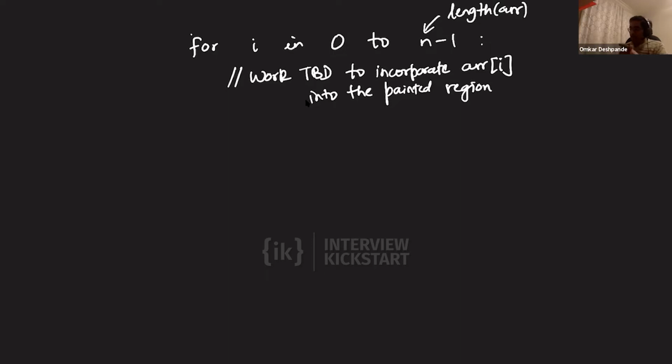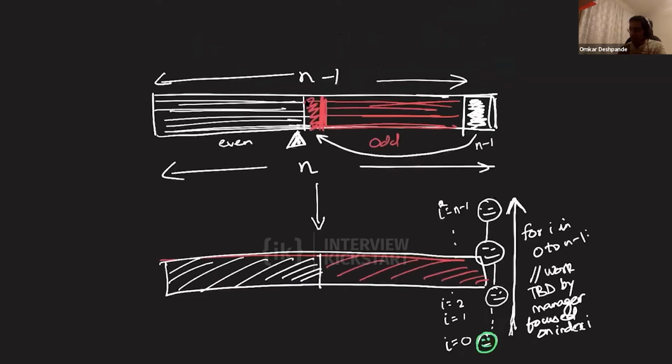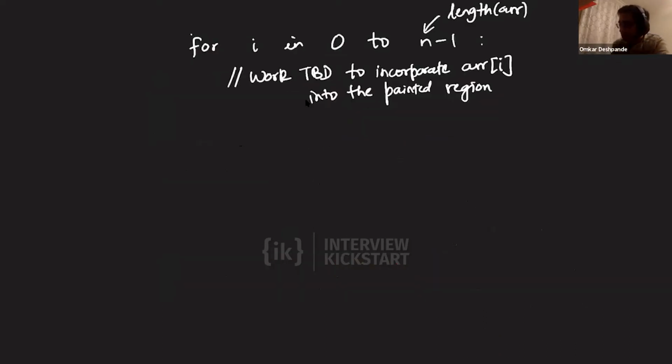So, what is the work that I'm doing? Well, I just explained that I'm just checking what the value of this number is, or the color of this element is. And if the color is not what it's supposed to be, it's not red, it's white, then I do a swap, assuming that I have a white pointer at the rightmost white number, right? So I'll just look at the number that I'm responsible for, the only number that I'm focused on, which is ARR of i.